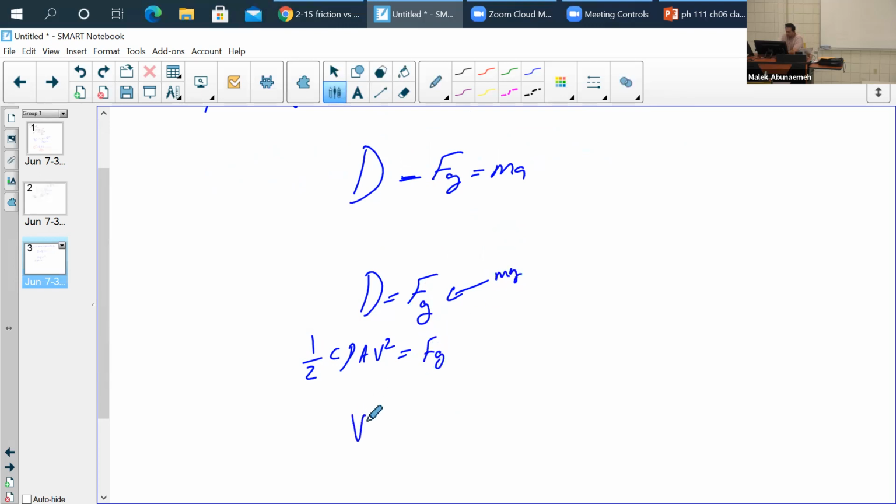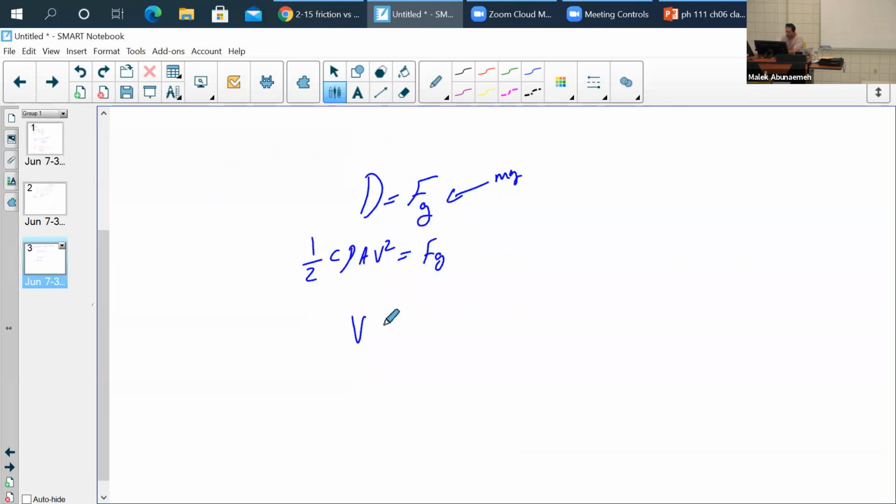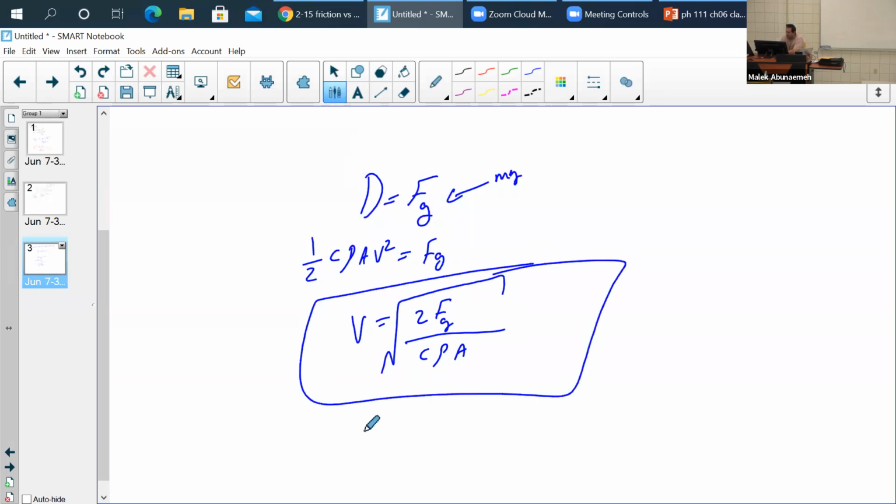Solving this for the velocity, you're going to have the square root of 2 multiplied by the gravitational force divided by C rho A. And this is what we call your terminal speed.